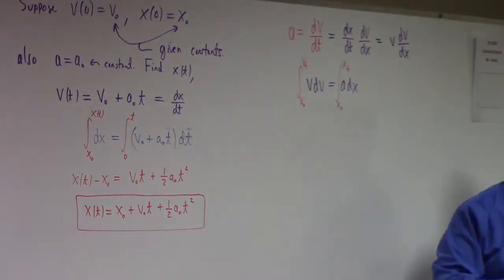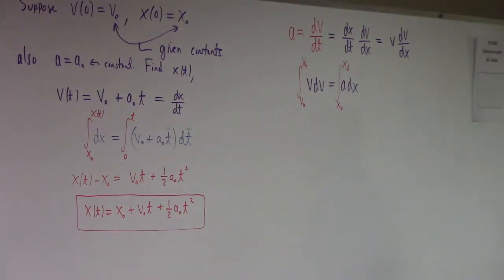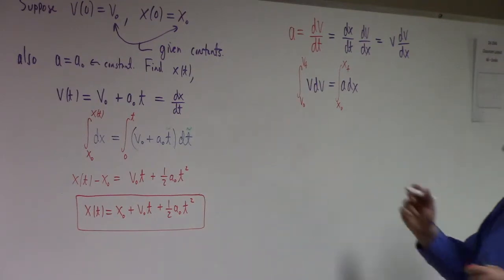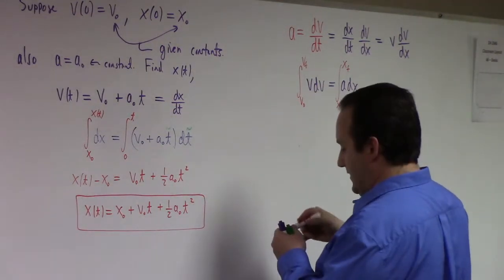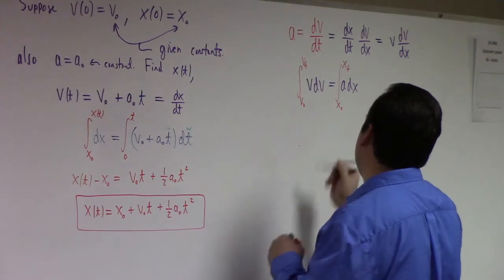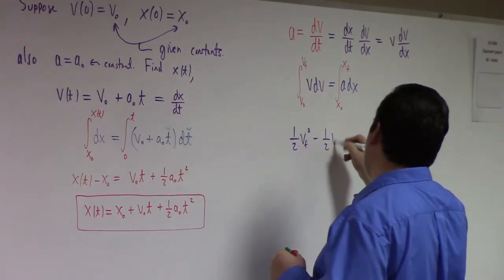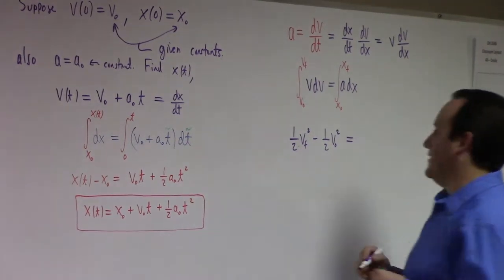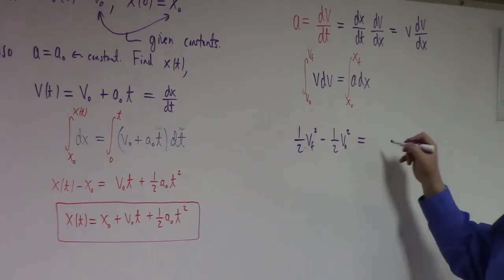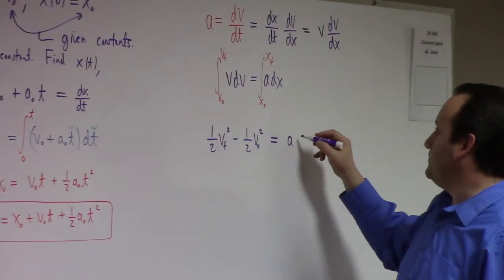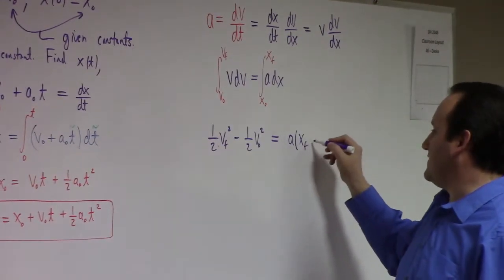What's the integral of v dv? 1/2 v squared, very good. So on the left-hand side we've got 1/2 vf squared minus 1/2 v naught squared. On the other side we've got a times (xf minus x naught), right?